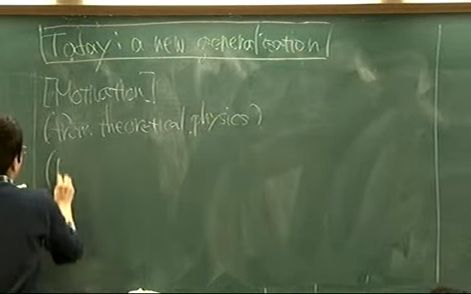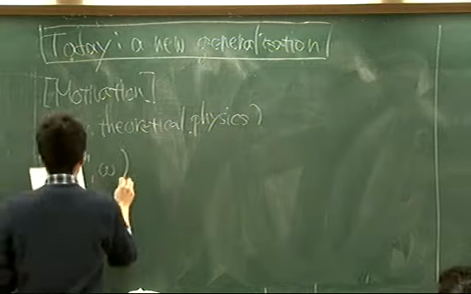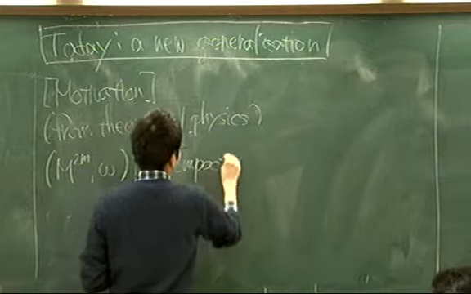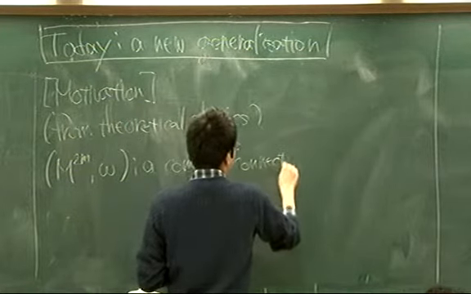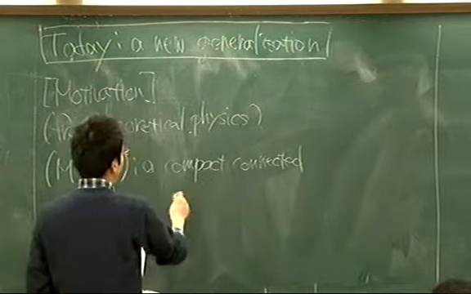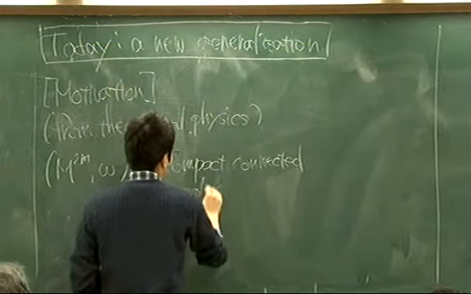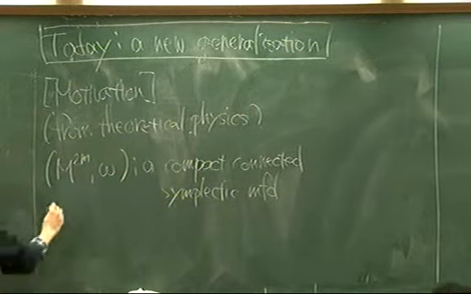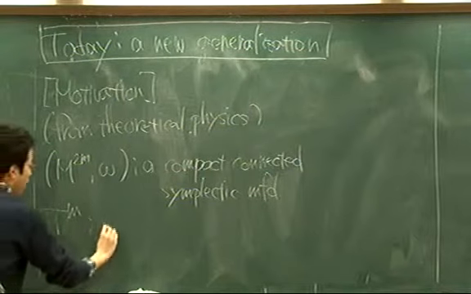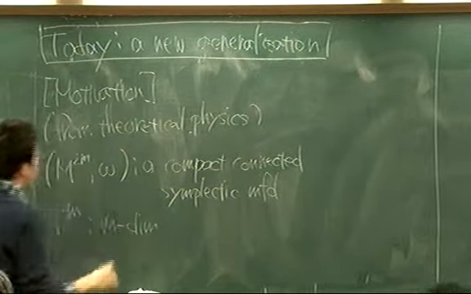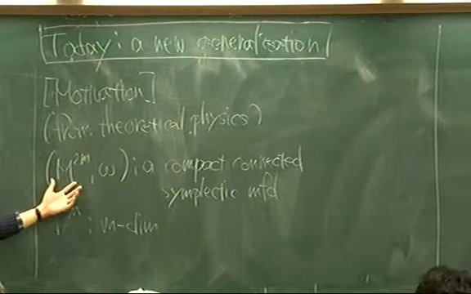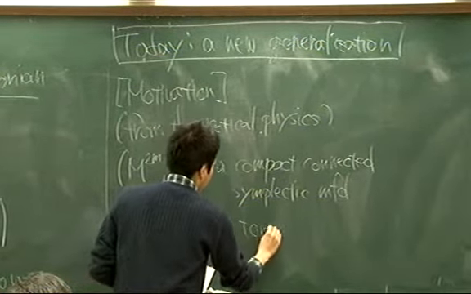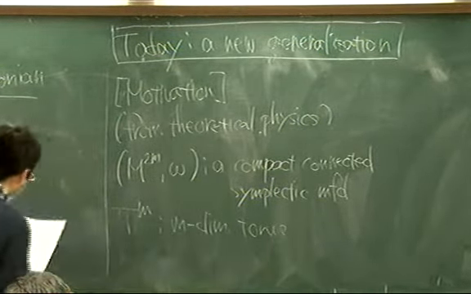So let (M, omega) be a compact connected symplectic manifold. Now we assume M is a 2m-dimensional symplectic manifold, and T^m is an m-dimensional torus.